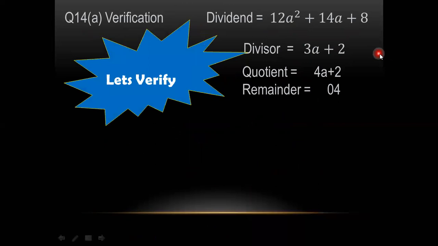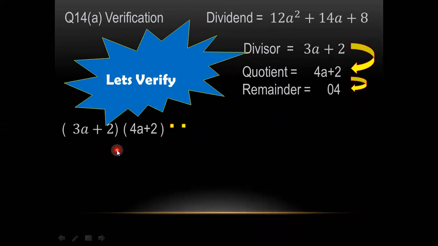First of all, what we have to do, we have to multiply the divisor and quotient over here, and then what we have to do with this remainder, we have to add this remainder to this product. This is divisor into quotient plus remainder, right? So let's see what's the answer.